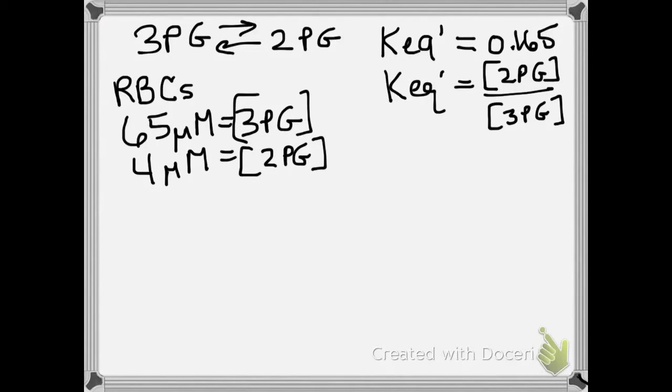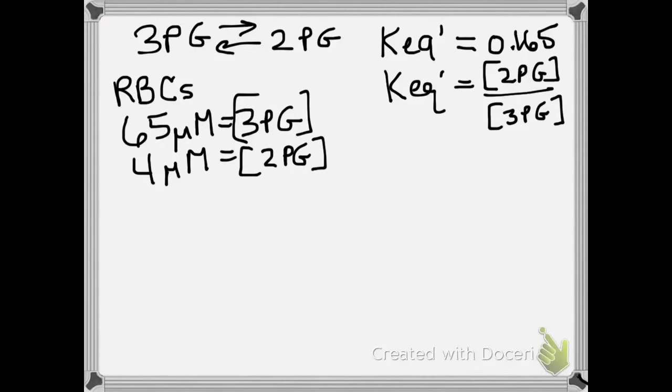And so we're going to ask ourselves, in a cell, would this reaction occur in the forward direction or the reverse direction? And that's going to be important because of the availability of sugar in the cell and the metabolism of that sugar, whether or not it will actually proceed.